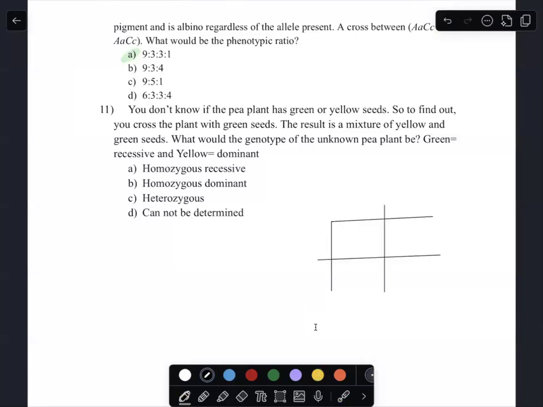So we know the plant is crossed with a green seed, and green is recessive. So we know we have homozygous recessive. So we have little a, little a. And it says the result of the cross was a mixture of yellow and green seeds.